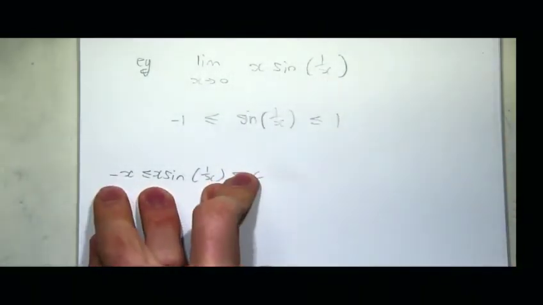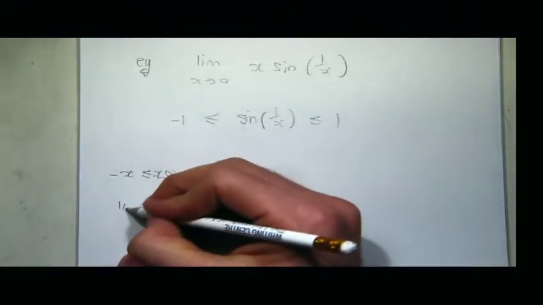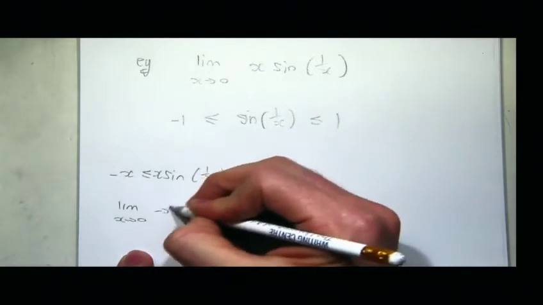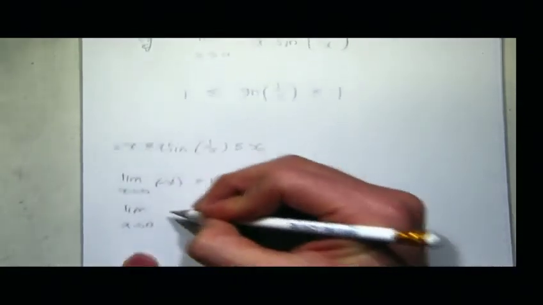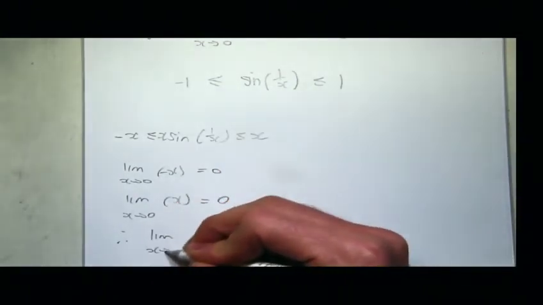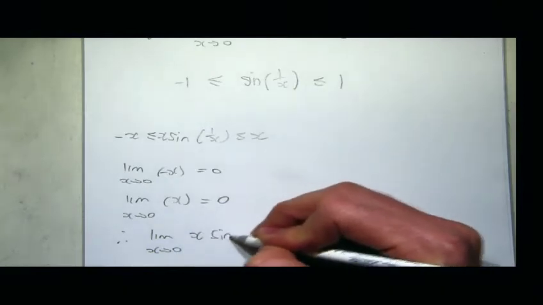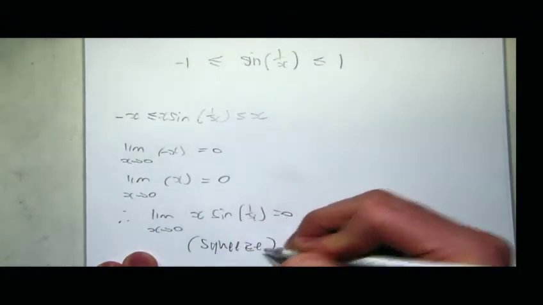It's between both of these, and both of those go to 0 when x goes to 0. The limit as x goes to 0 of minus x is 0. The limit as x goes to 0 of x is 0. Therefore, the limit as x goes to 0 of the middle function is also 0 by the squeeze theorem.